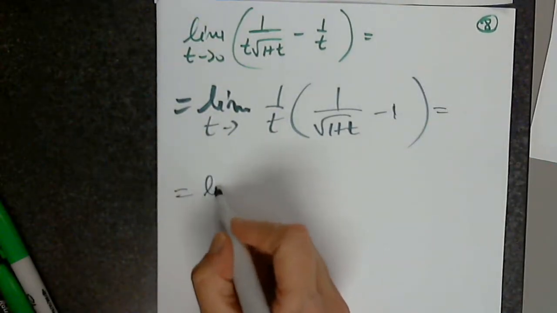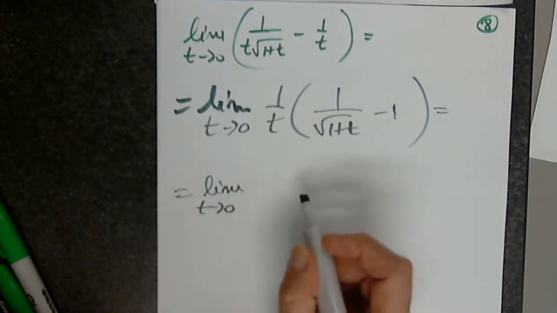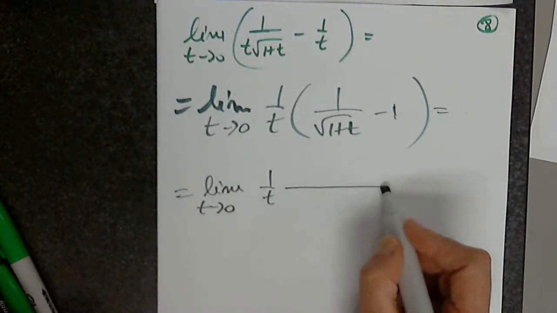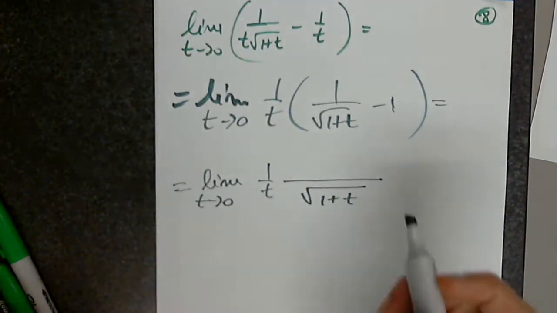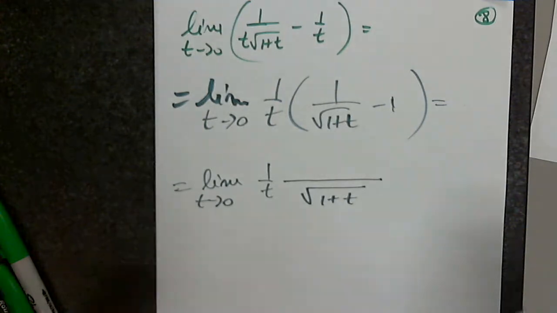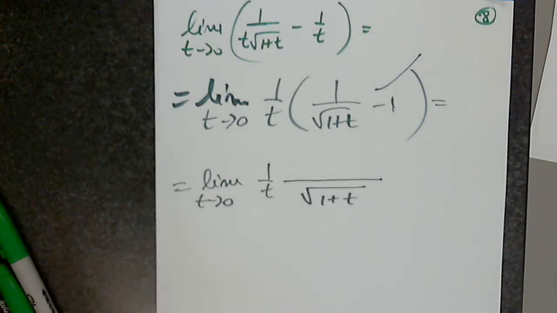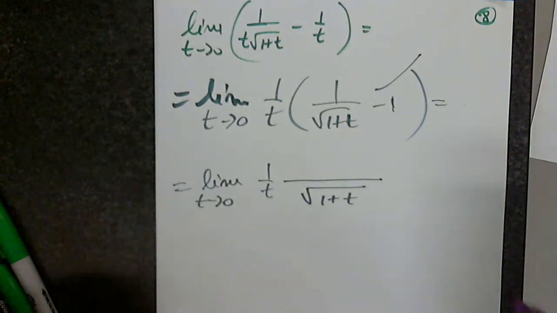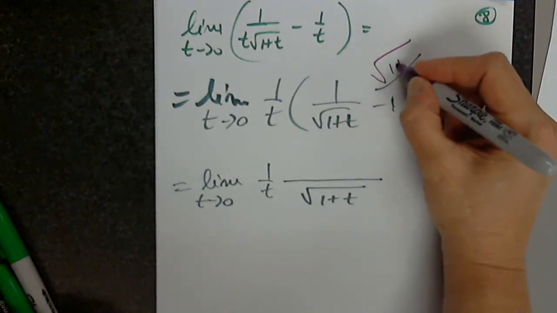So in that case, 0 here. So the limit as t approaches 0, 1 over t, and the least common denominator is 1 over the square root of 1 plus t. What do I have at the top? And what is the adjustment for this fraction? What is the adjustment here? Right, excellent.